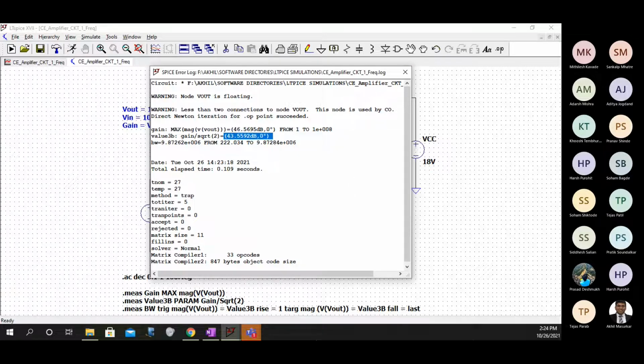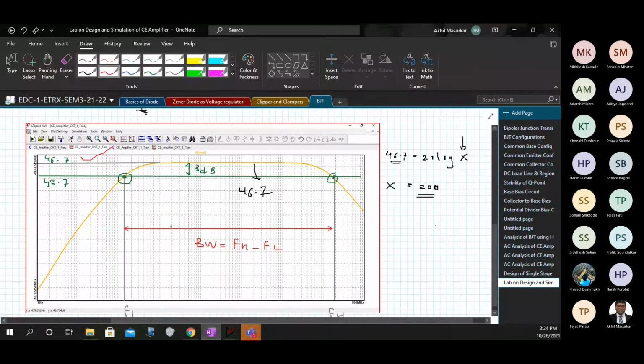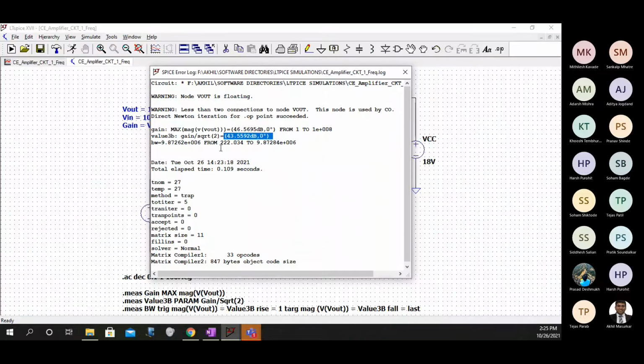Okay. Now once we get this, we want to know what is this F1 and F2, and finally what is this bandwidth. So now what I am telling the spice command here is, you can see here that dot measure bandwidth, trigger the magnitude measurement, V of V out when value 3 dB rises.